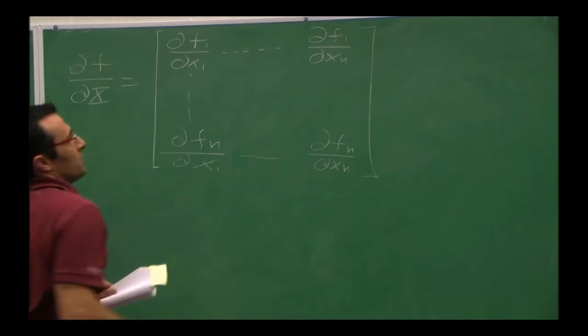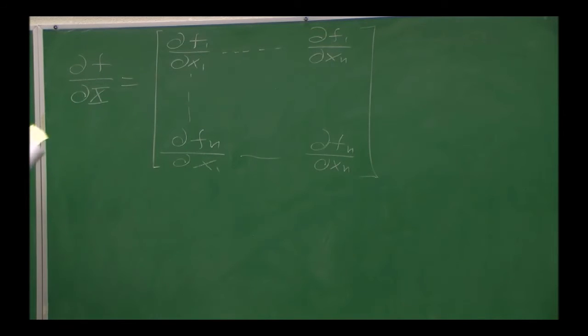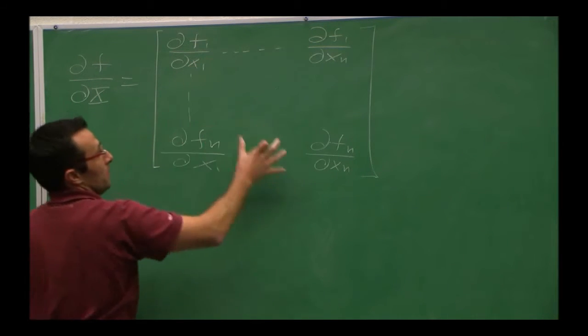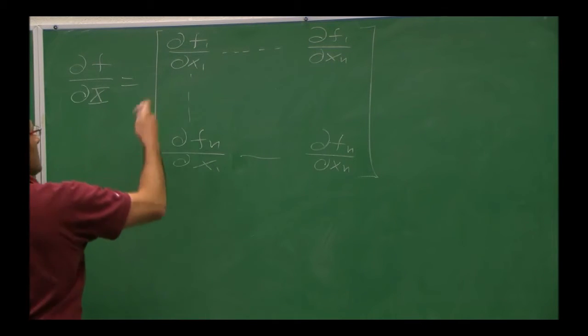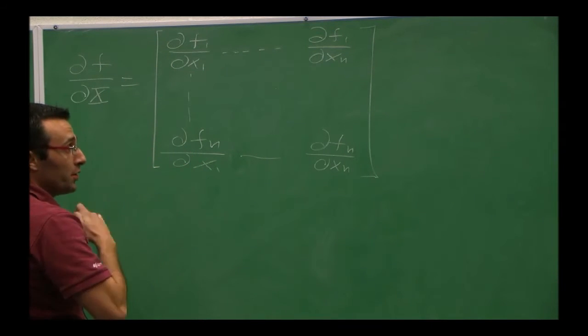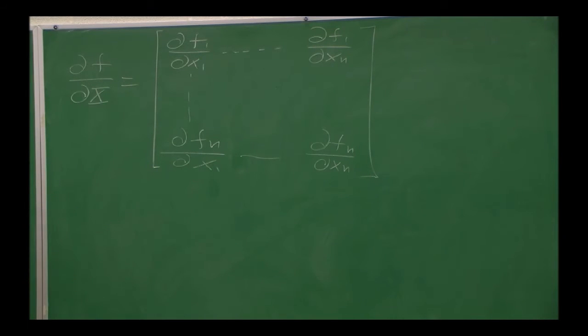So you compute all these partials. There's something similar for df with respect to u. These will be functions as well, right? Sines, cosines, depends on your problem. And you substitute x0 and u0. Everywhere you see an x, everywhere you see a u, you substitute the value of your linearization point.